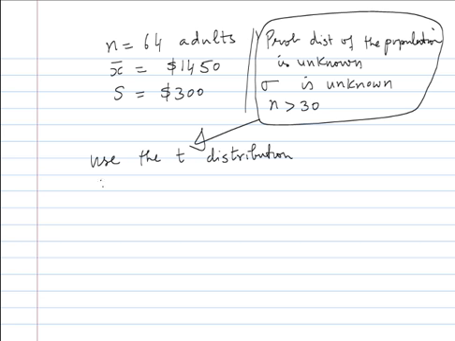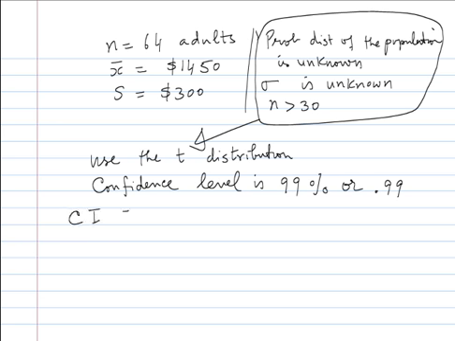So we are told that confidence level is 99% or 0.99. Now, the formula that we will use to find this confidence interval is x bar plus minus t multiplied by sx bar.